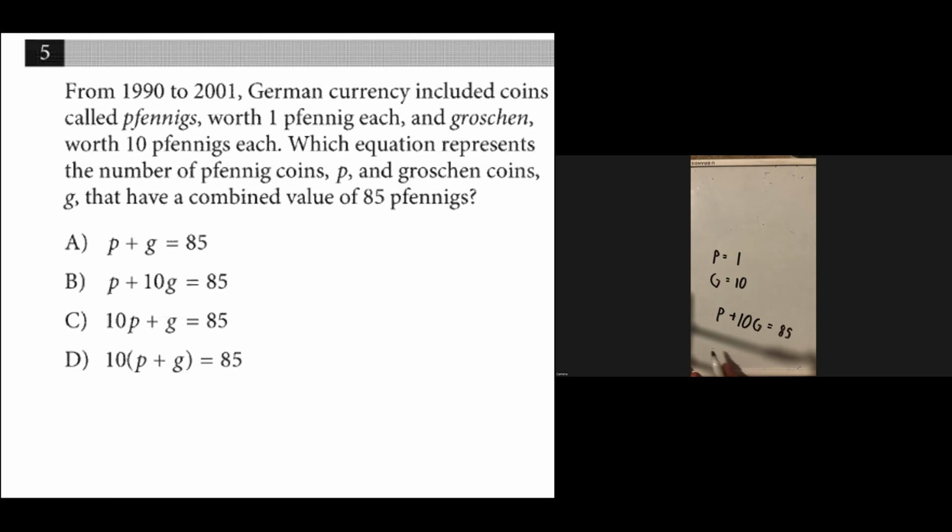If it asked us for the number of coins, it would be P plus G equals C, I guess. But in this case, it asks us for the value, which would be the value of P, which is just 1, plus the value of G, which is 10 times G, equals 85, which is answer choice B.